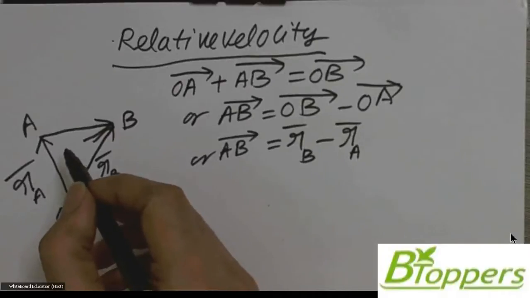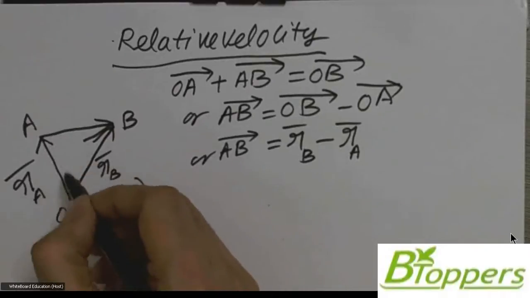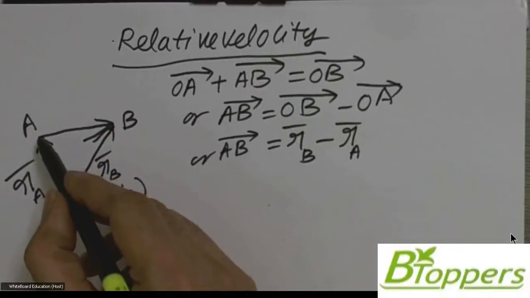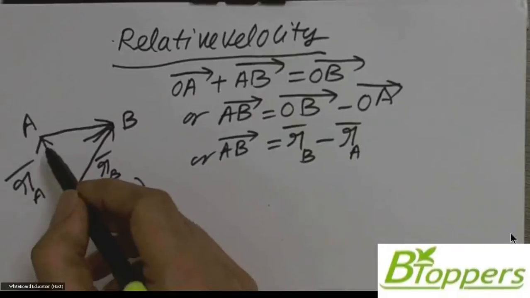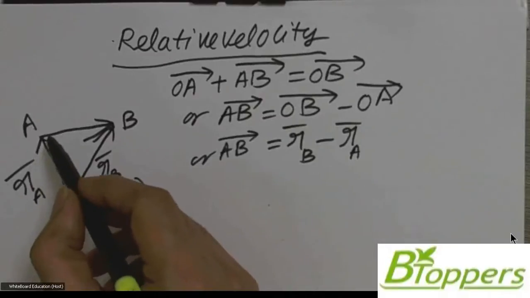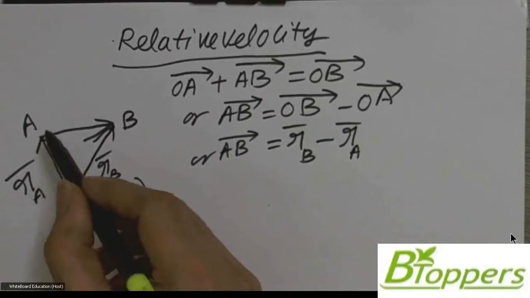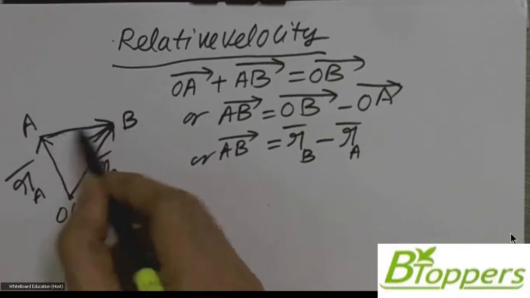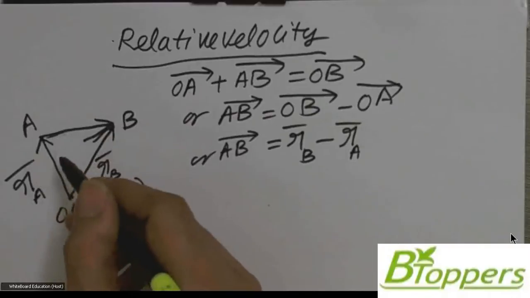Suppose we change the origin of the coordinate system to the point A, or you can consider another new coordinate system with origin at the point A, then AB bar will be the position vector of B with respect to A as origin.